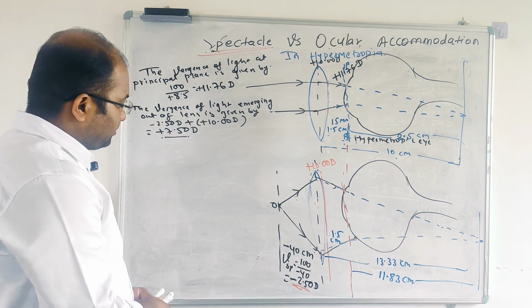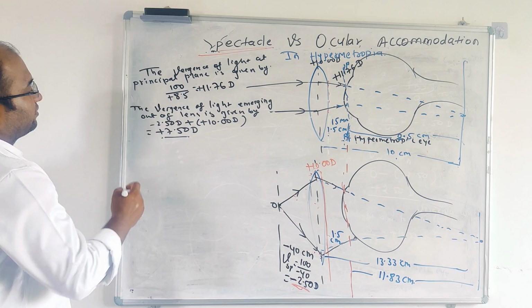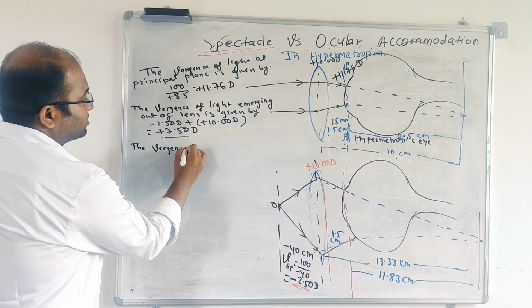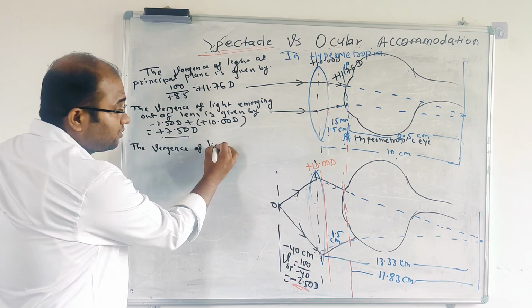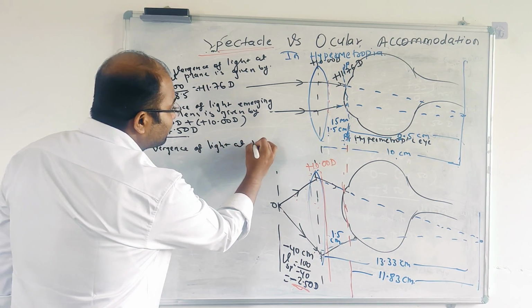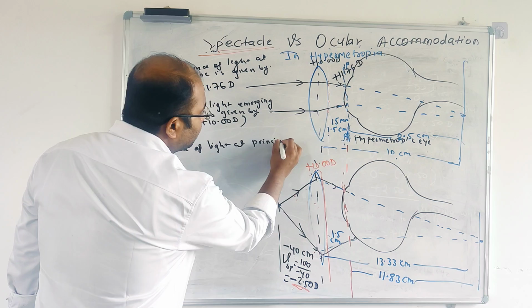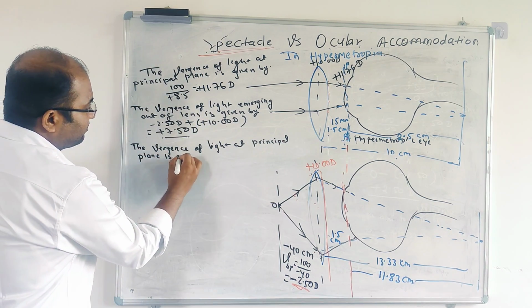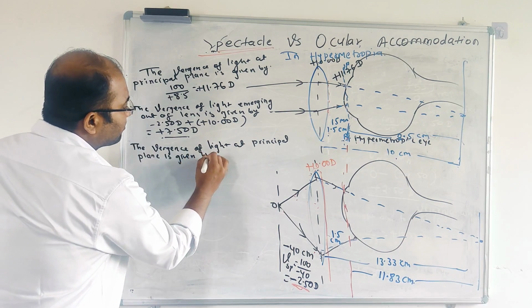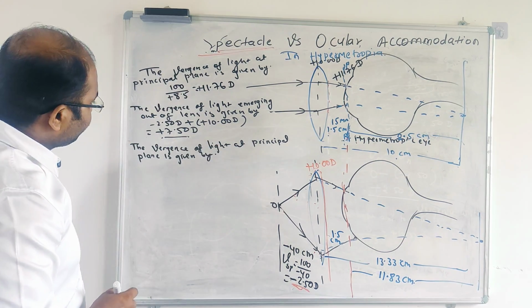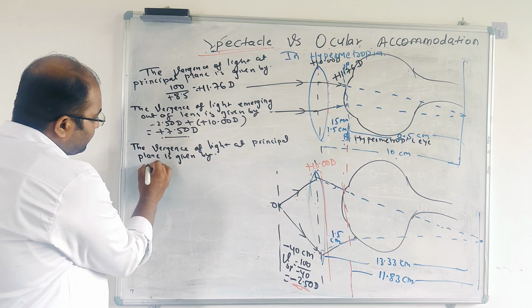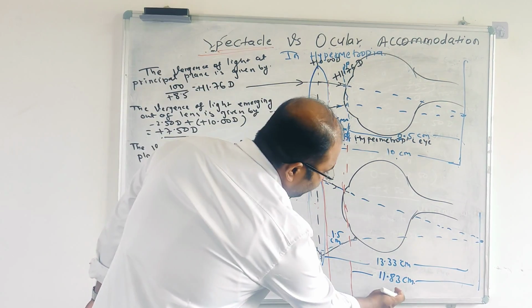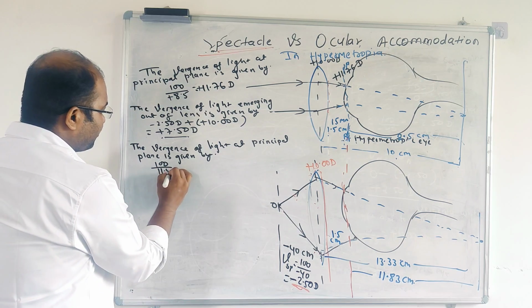Now the vergence of light at the principal plane is given by what? 100 by, how much is that? 11.83. 100 by 11.83.